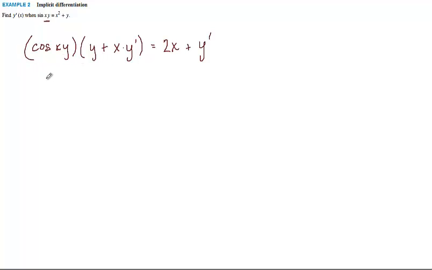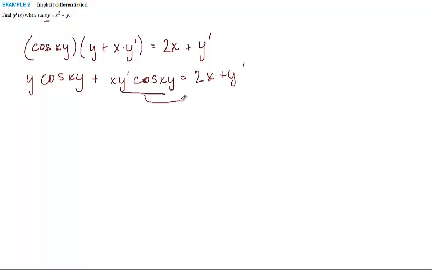So one of the tricks here is I'm going to go ahead and distribute this, and you're going to collect your y prime terms. So I'm distributing so that I can collect all my y prime terms together. So I'm going to move my 2x here, and I'm going to move this guy over there and this guy over there.